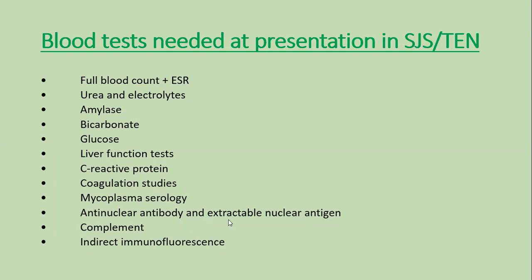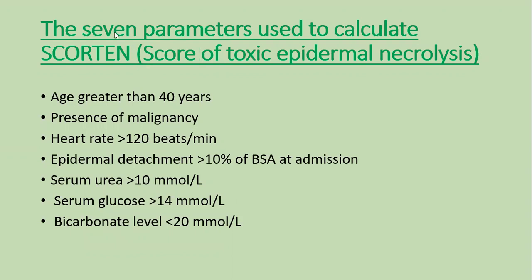Then anti-nuclear antibodies, complement, indirect immunofluorescence may or may not be required. The 7 parameters used to calculate the SCORTEN score for toxic epidermal necrolysis. These 7 criteria are age greater than 40, presence of malignancy, tachycardia, epidermal detachment of more than 10%, serum urea more than 10 millimoles per liter, glucose more than 14 millimoles per liter, and bicarbonate less than 20 millimoles per liter.